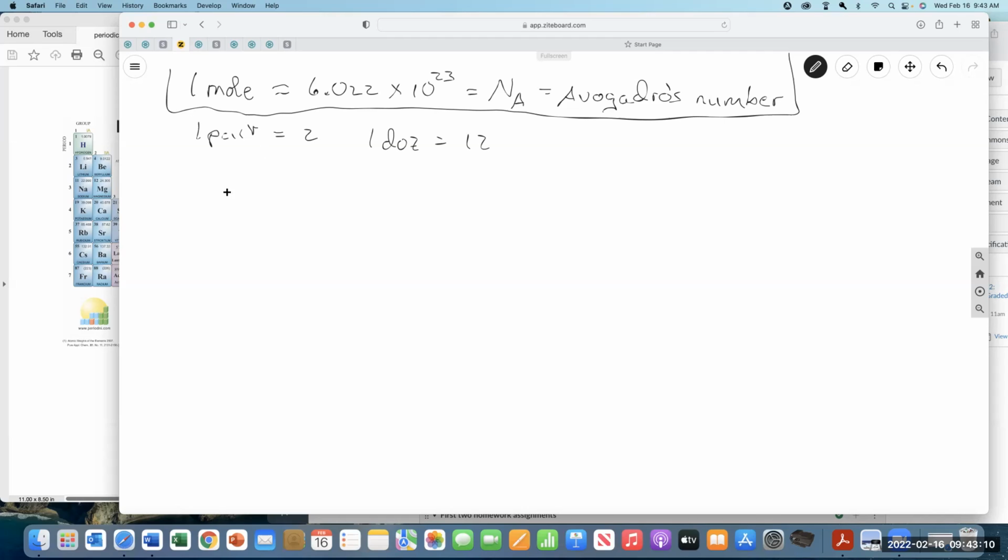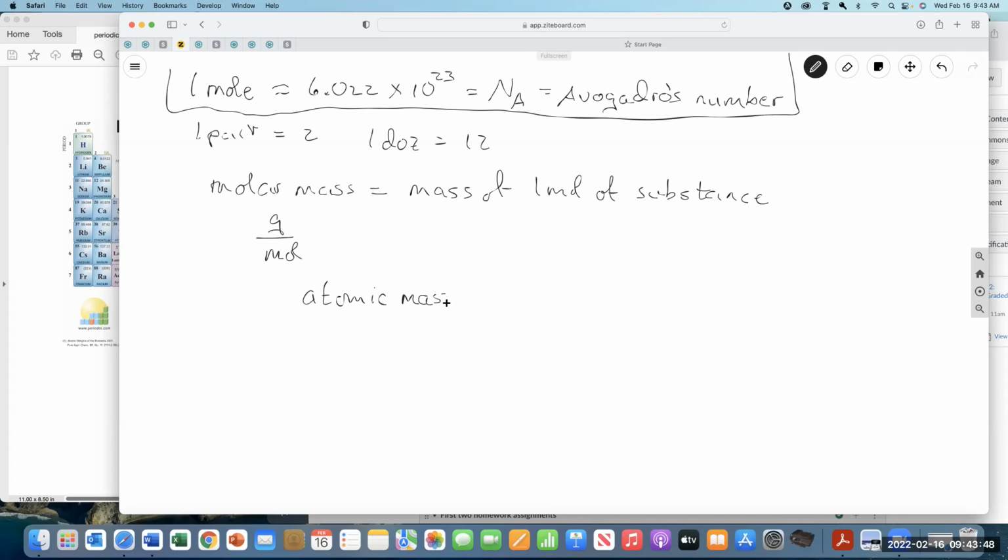So now another concept is a molar mass. And that is the mass of 1 mole of substance, of whatever that substance is. And so the unit is grams per mole. Now molar mass is a general term. Remember we use the words mass and weight interchangeably.